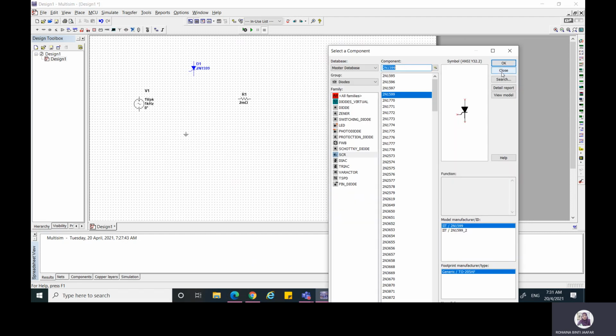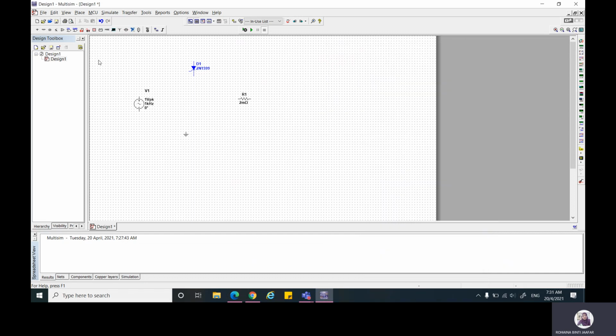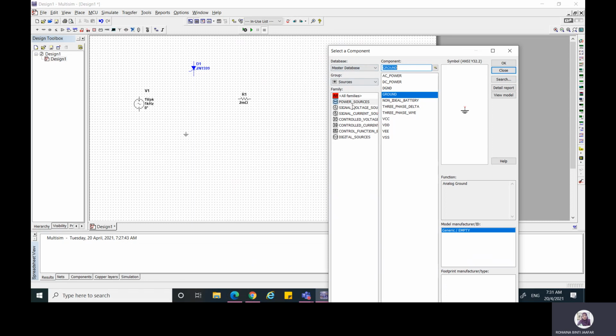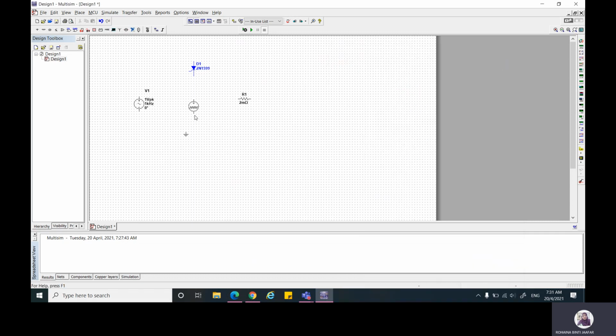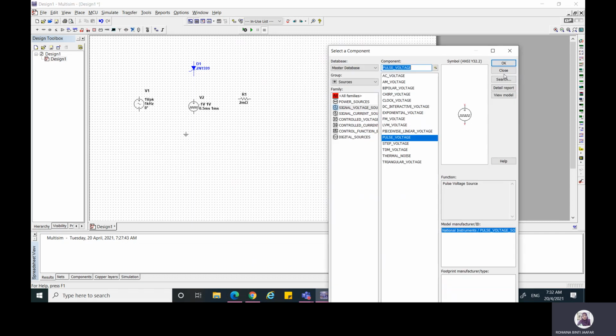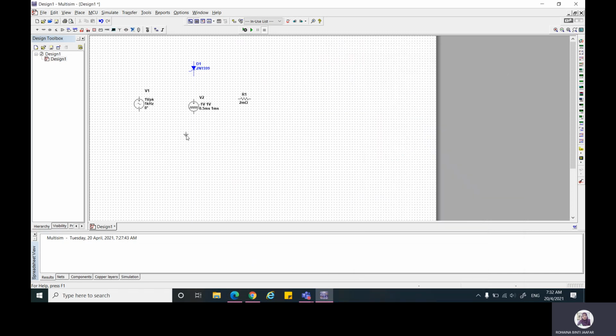Okay, so one more component we are going to use today is to control the firing angle, where we have to use signal voltage source and then pulse voltage. Okay, so these are 5 items to build control half-wave rectifier.